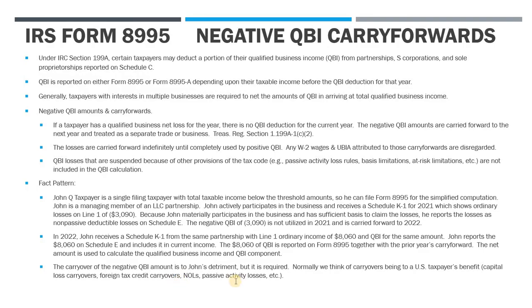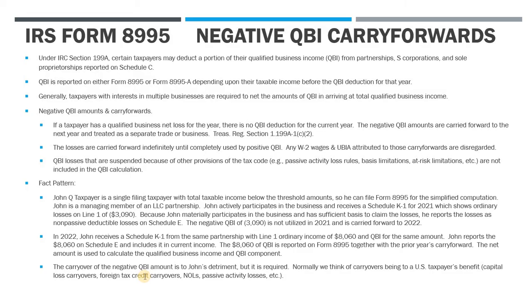And so this is in contrast to a lot of other things that we think of in the carryover space. Carryover negative QBI is certainly to John's detriment, as we just looked at. It reduced his qualified business income component and the amount of deduction he gets, but it's required. He has to do that.